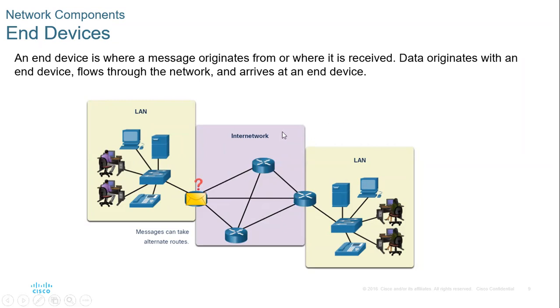Guys, you took an algorithm course: shortest path, spanning tree, Dijkstra or Kruskal algorithm. Cisco devices use spanning tree algorithms, Kruskal and Dijkstra, so they use the shortest path first.